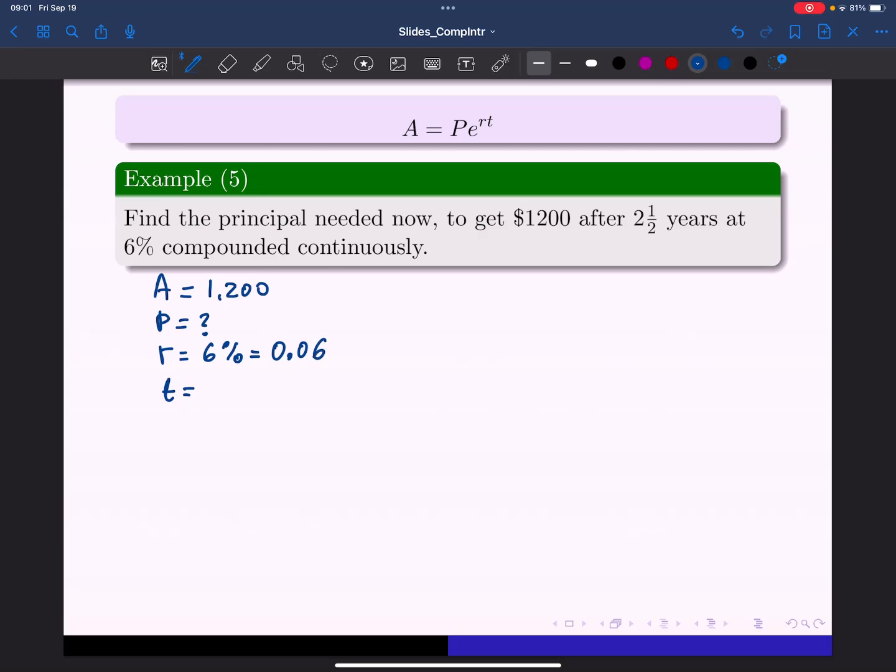And time is 2.5 years. Write down the formula: A is equal to P e to the power RT. So we have 1,200 is equal to P times e to the power 0.06 times 2.5.